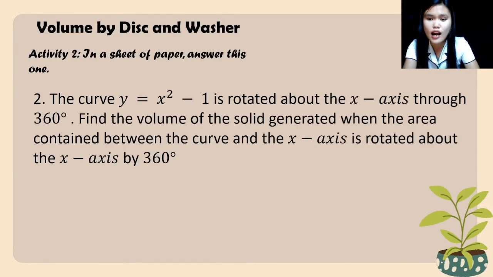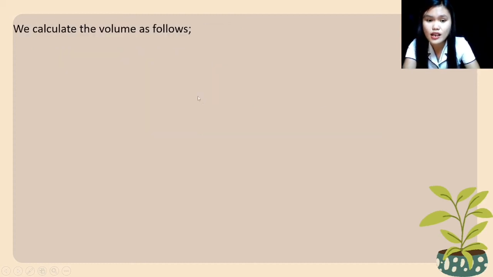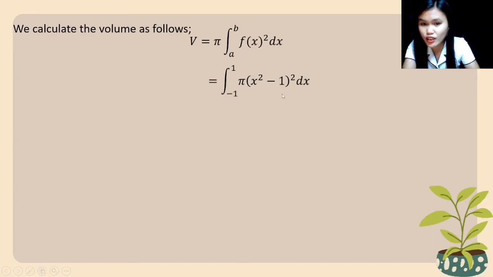As you can see, our f of x, or our y here, is equal to x squared minus 1, and we substitute the given value for our f of x into the formula.